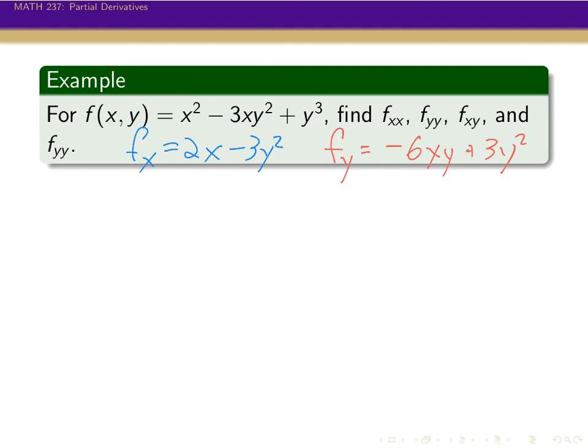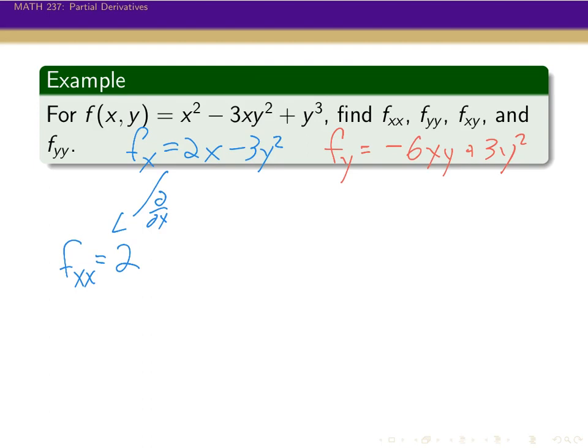So from the partial in terms of x, I can go in terms of x again. So I'm doing another partial in terms of x. That'll give me f_xx. The partial derivative of 2x is 2. Minus 3y squared, well, I'm treating y as a constant, so that whole term goes to 0.